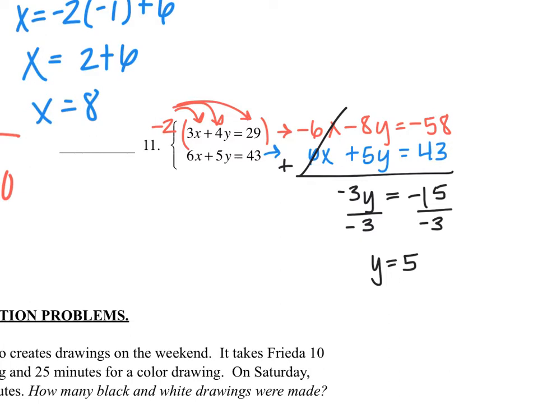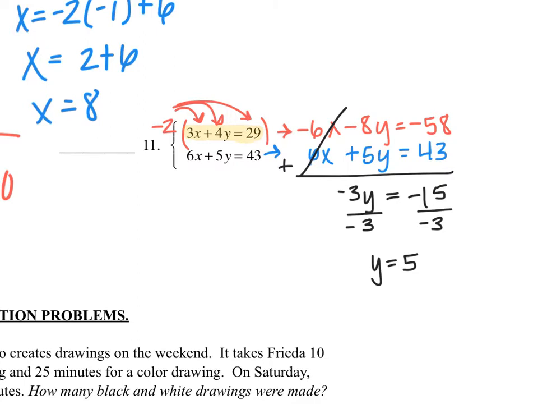I'm going to go ahead and substitute 5 in for y into one of the original equations. I'm going to pick the first one just because it's a little bit smaller numbers for me to work with.